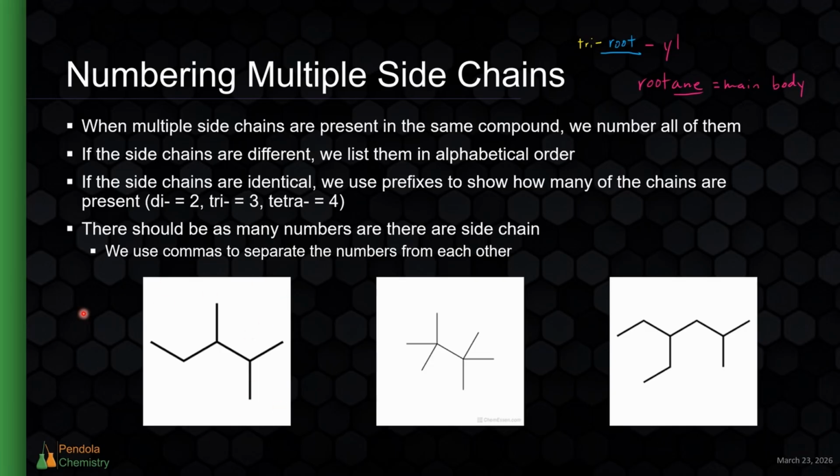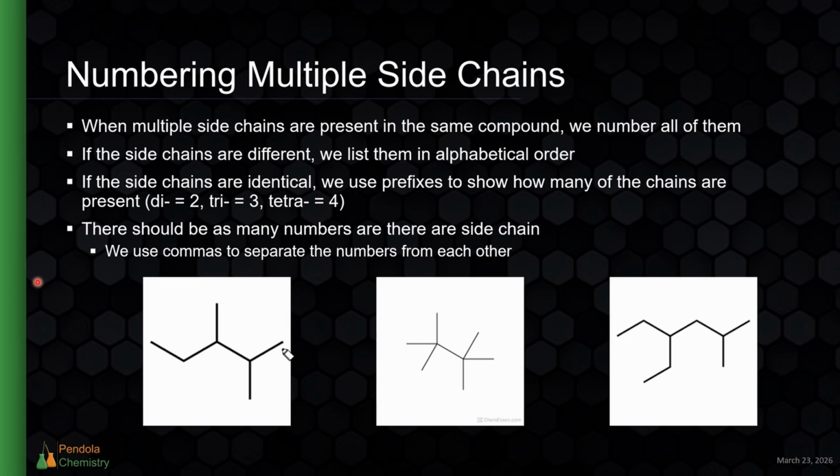So let's look at this compound right here. Well, first of all, we need to figure out what our longest chain is. So if we look at this chain, we could go 1, 2, 3, 4, but that's not necessarily the longest chain. So we try again. We could go 1, 2, 3, but again, that's even shorter.